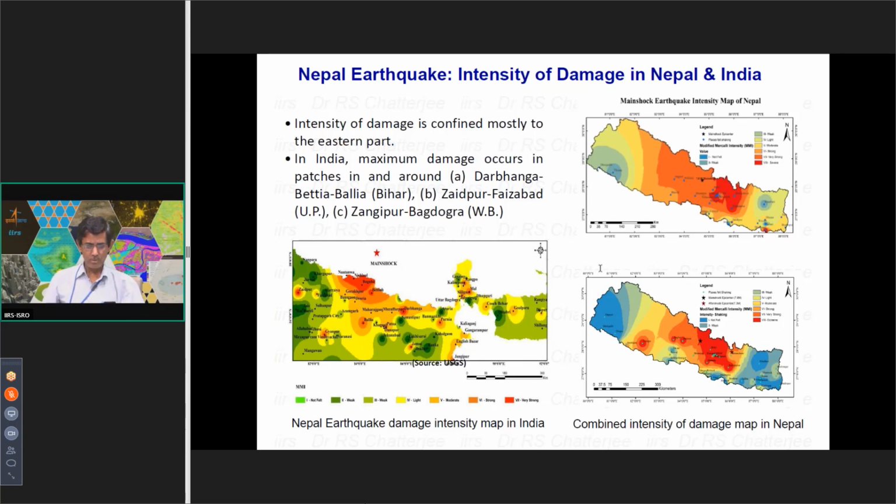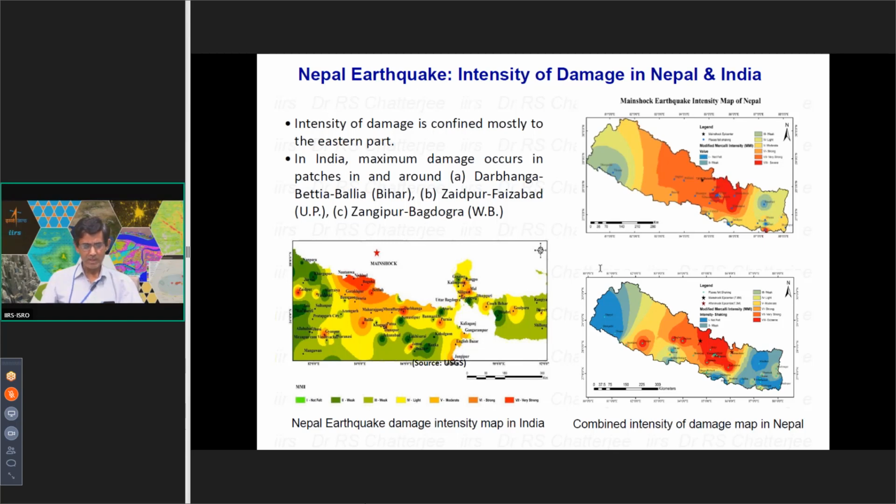So there are these three lobes, one in and around UP, another mostly in Bihar, another in West Bengal and North Bengal, that is Darjeeling, and it also goes up to Assam. This is the region of damage.